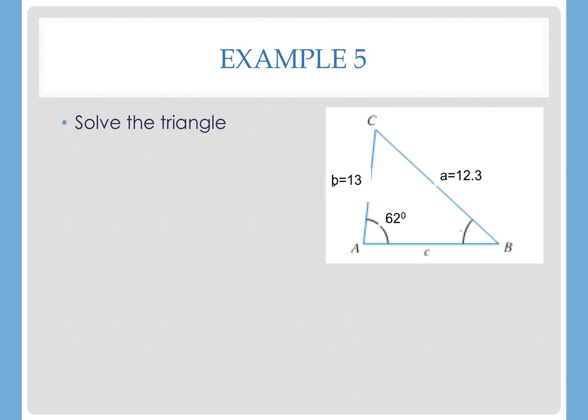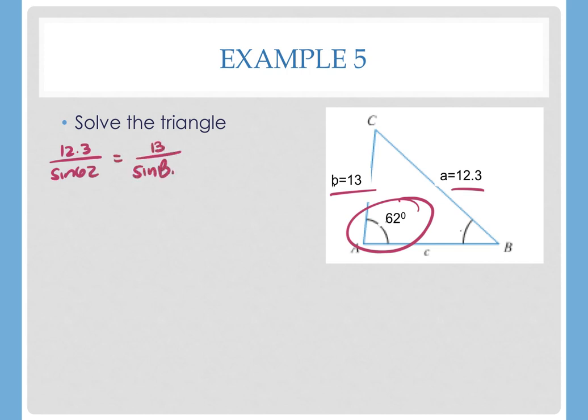All right, again, 2 sides, non-included angle. Again, the full ratio is the A's. So 12.3 over the sine of 62 equals B, which is 13, over the sine of B1. Cross multiply, 13 sine of 62 equals 12.3 sine of B1.